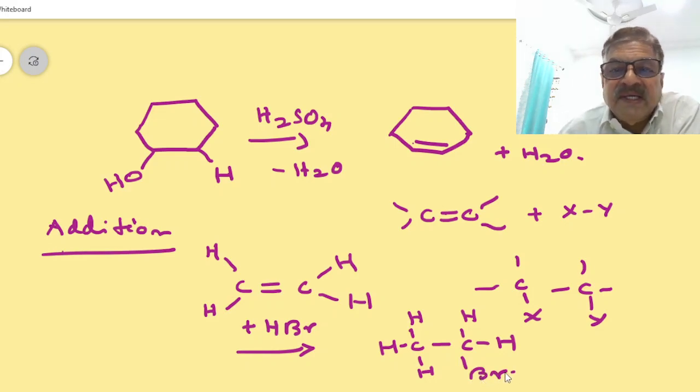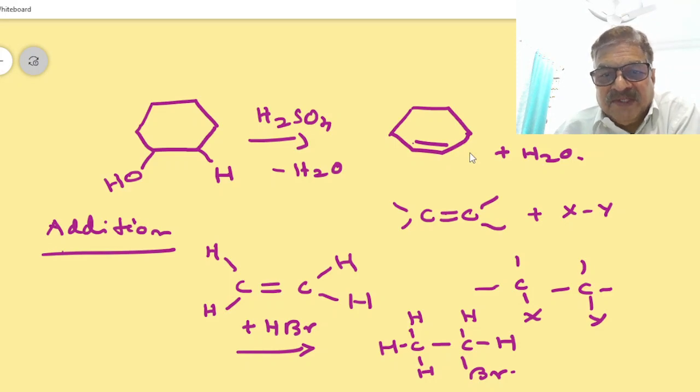In the same way, in the reverse way, we can break this pi bond with water, a hydrolysis kind of reaction here. Those things we will learn in detail. It is only a brief idea I am giving. Addition and elimination reactions are exactly opposite reactions here.